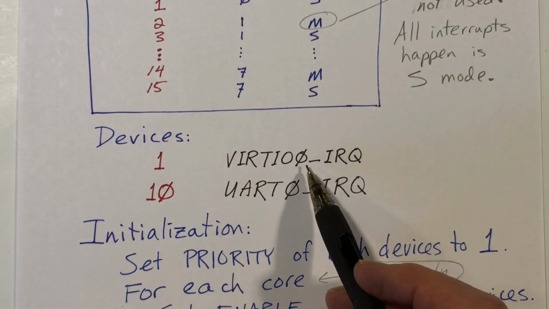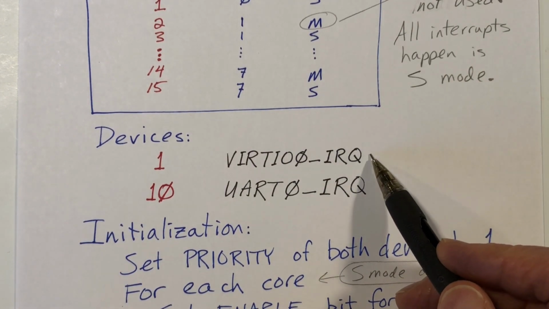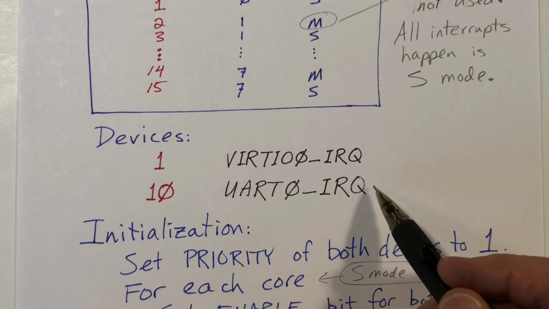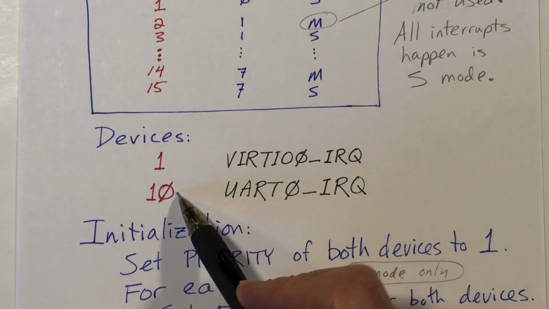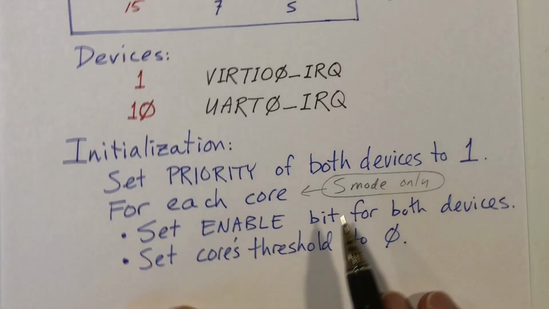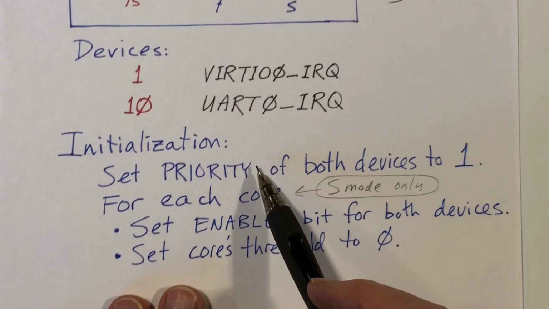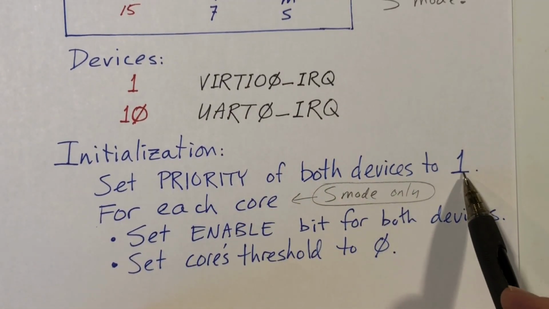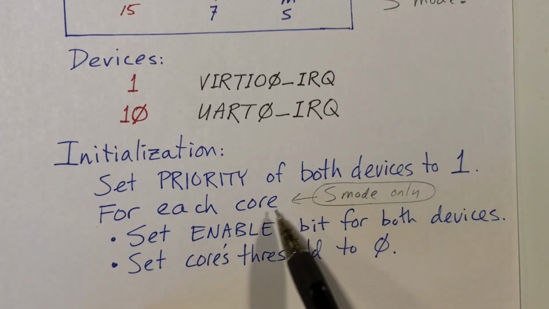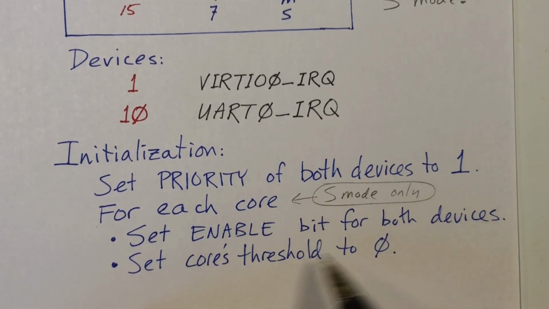QEMU implements 2 devices. One is the virtual I/O disk device, and the other is the UART device. And QEMU will give these numbers 1 and 10. So during the initialization phase, the code will set the priority of both these devices to 1, and then for each core, it will set the core's threshold to 0.